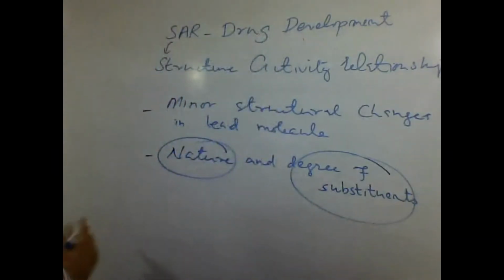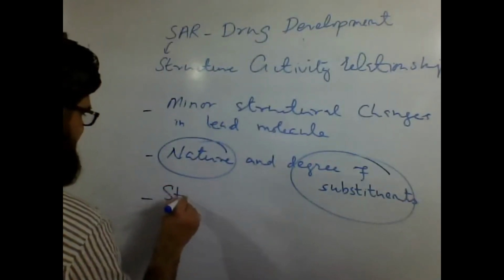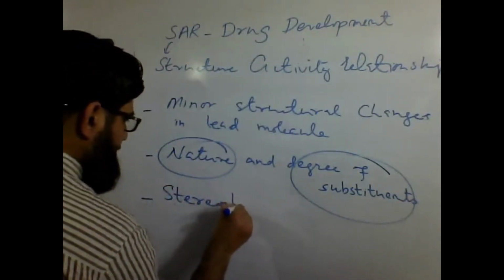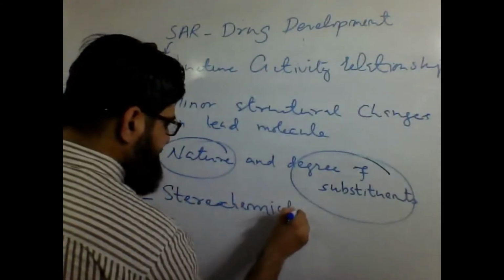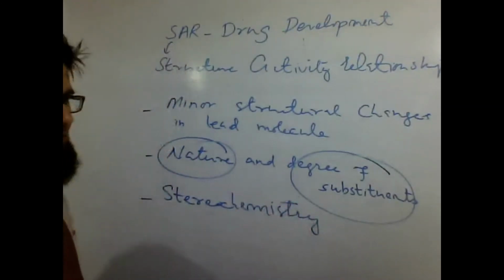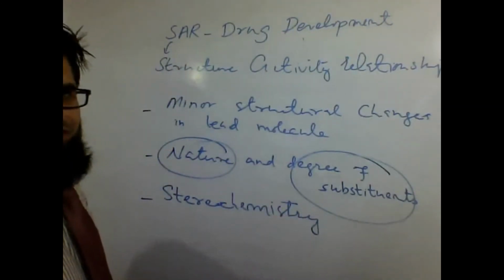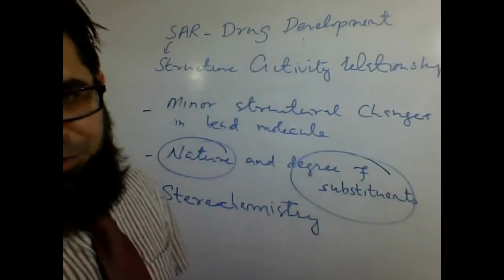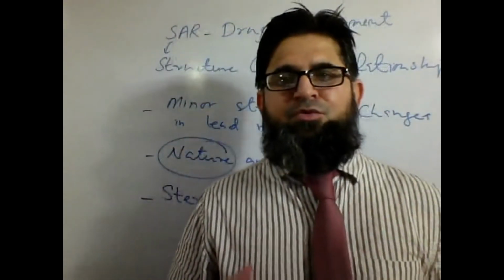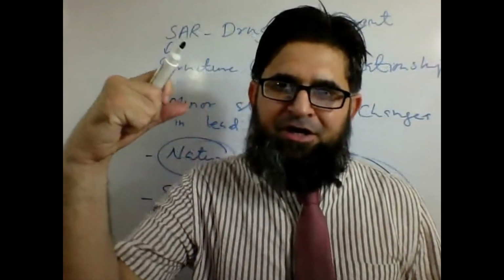What one could do, you can go for a change in stereochemistry. We can play around with the stereochemistry of the lead molecules as well. We can try to generate stereoisomerism.